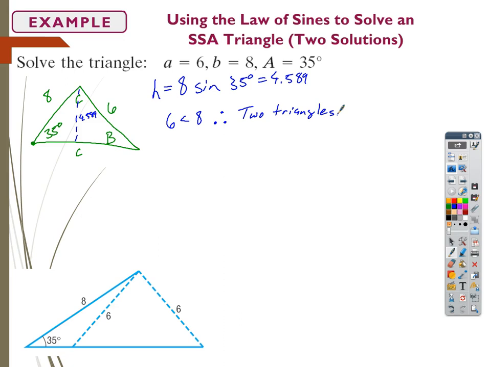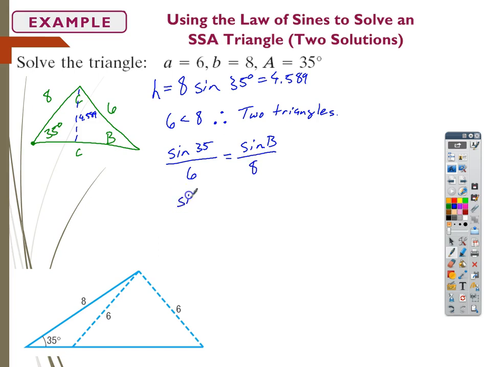All right, so first thing I'm going to do is I come over here and say, well, I'm going to set up a little thing. I know that sine of 35 over 6 is going to equal sine of b over 8. I do my cross multiply and divide.